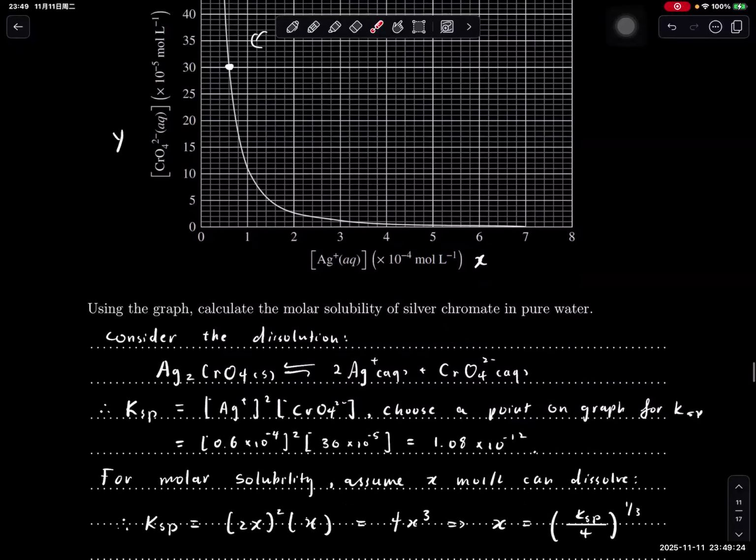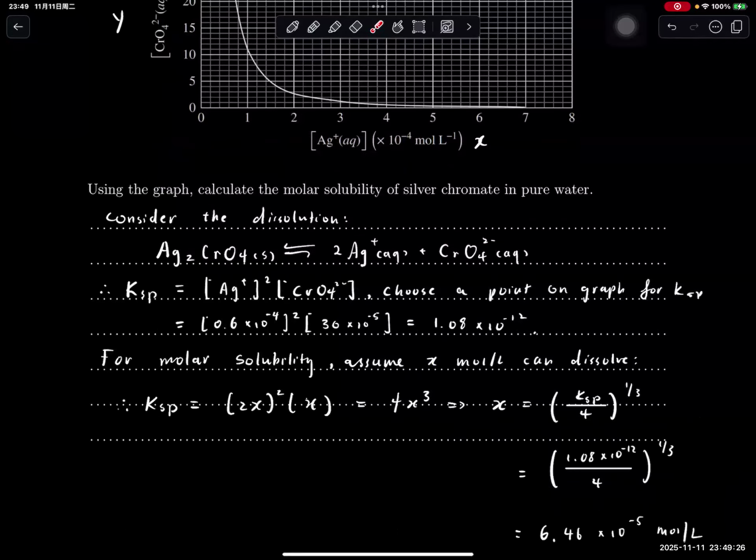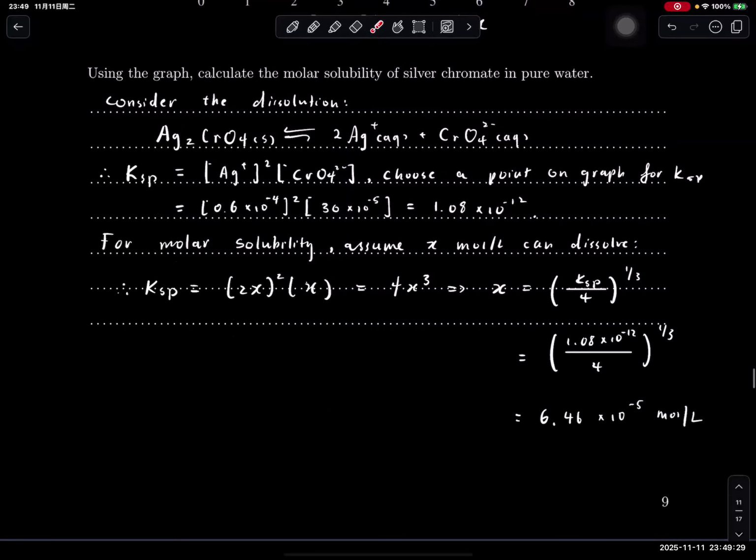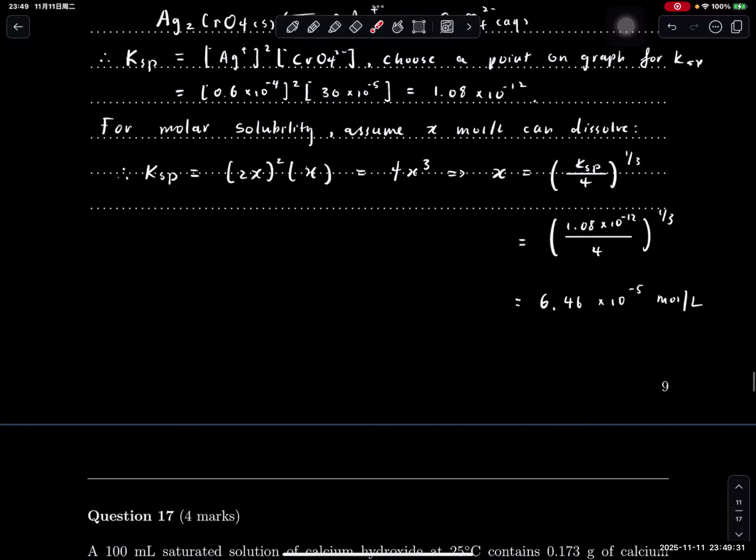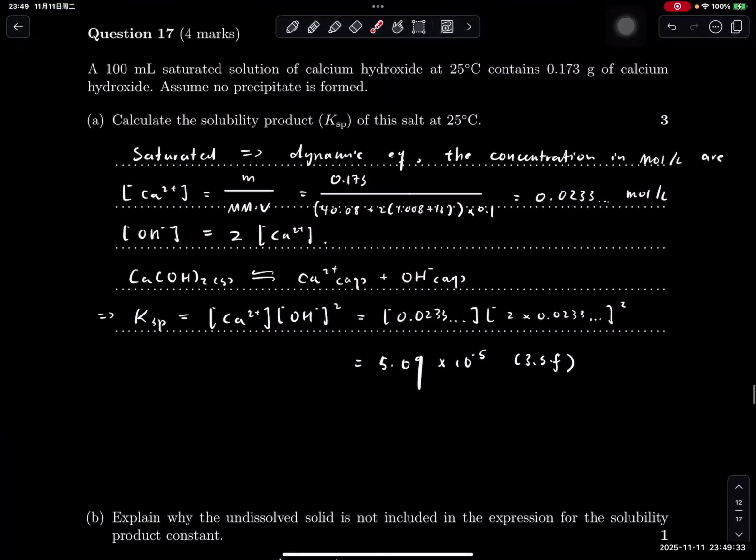Just pick one and calculate the equilibrium constant. Use that equilibrium constant, assume x, and solve for x, which will be your solubility. Let me know if you have any questions.